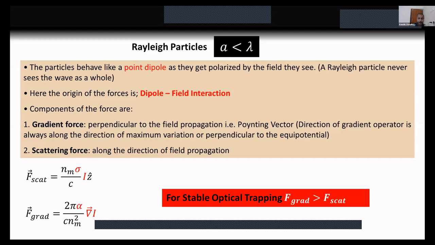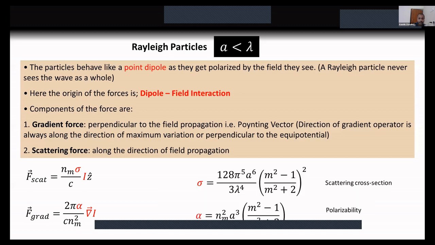This stability occurs when the gradient force, the force acting in the plane of the particle, is slightly higher than the force that is trying to push the particle out of the trap. The scattering force depends on the intensity and the scattering cross section, and the scattering cross section in turn depends on the refractive index and the wavelength.